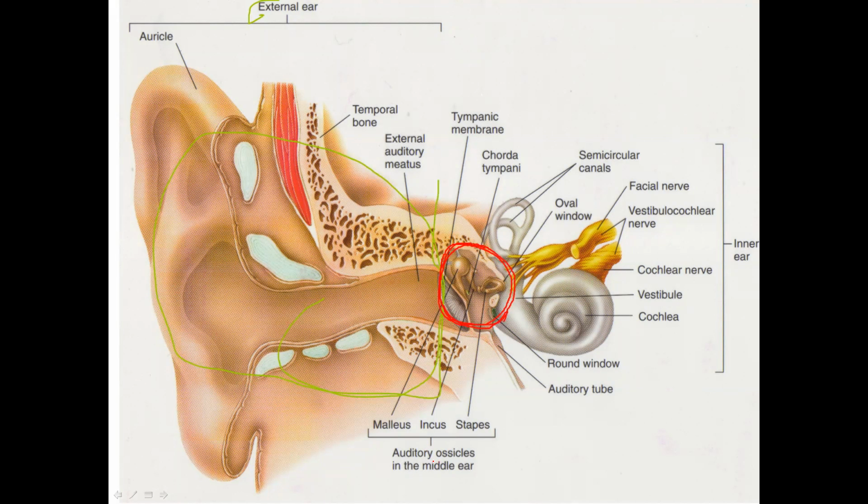The middle ear involves the three ear bones. The fancy word for that is ossicles: three ear bones, the malleus, the incus, and the stapes, in that order. Then the inner ear is this snail-looking structure.